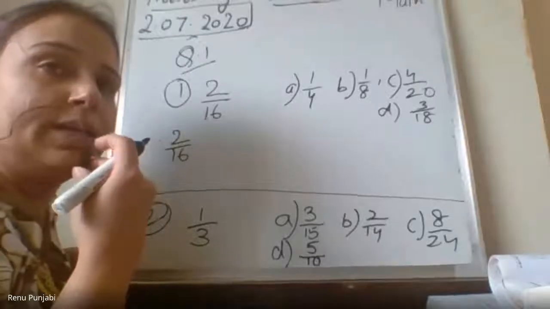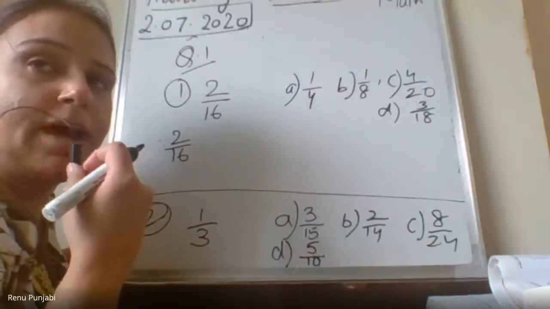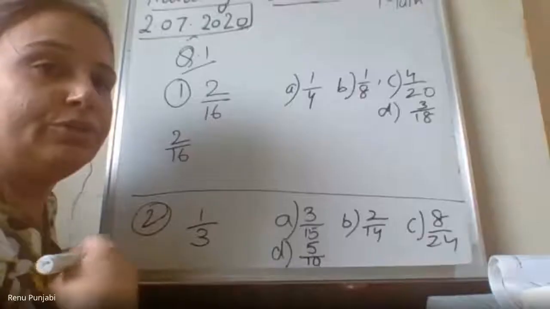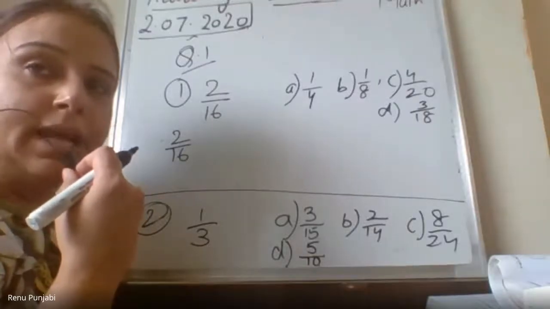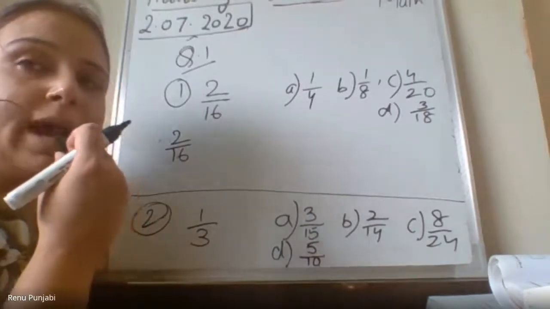Ma'am, we have to write in the notebook. No, you have to understand now. Switch off your microphones, everyone. You don't have to write anything now. You have to pay attention here on the board. Your writing part is over now.